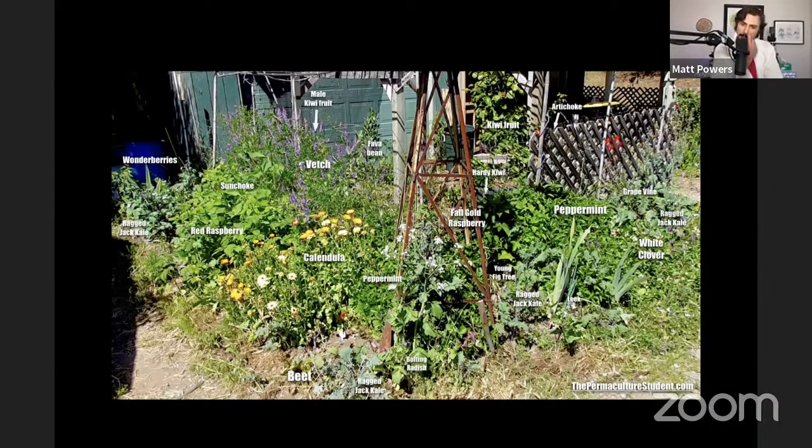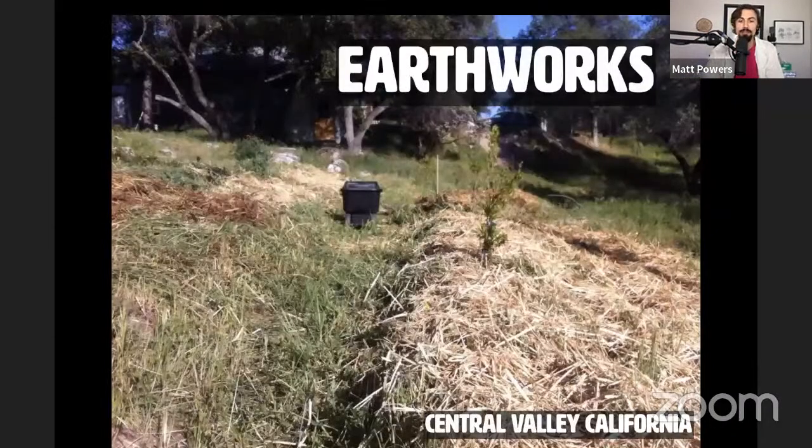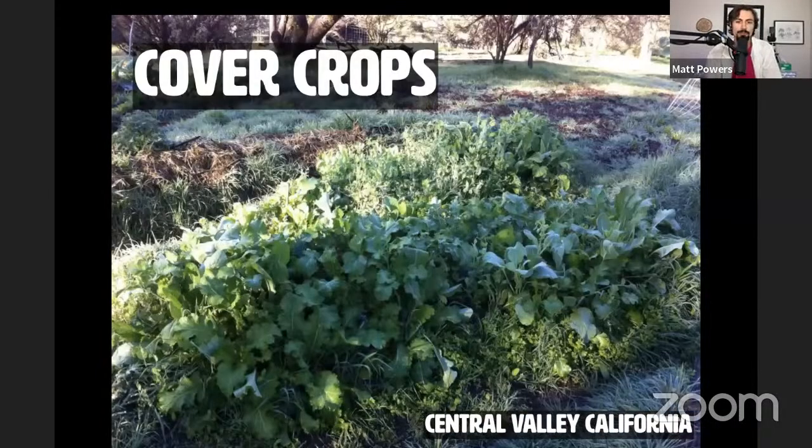And even with giant metal conductors, like that windmill right there is metal, things did well. So it's really about honoring a lot of these things I'm talking about here. We did earthworks, we did cover crops, and then we moved. And so those are the things I did at that level.